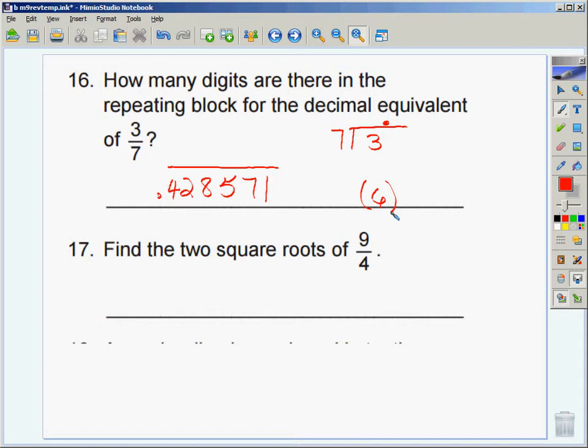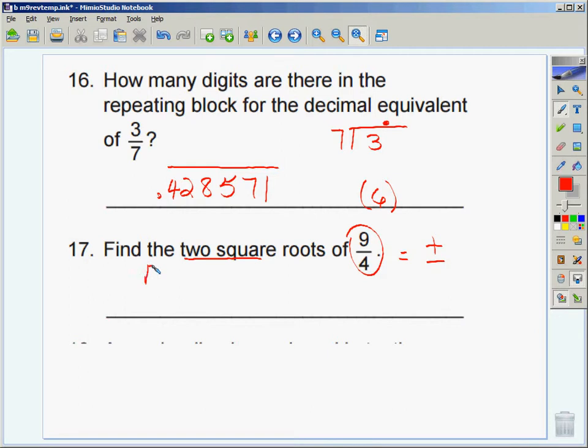Find the 2 square roots of 9 over 4. Here they're not talking about just the principal square root, but both of the square roots. And when we were talking about square roots, we said that they often got a positive and a negative result.